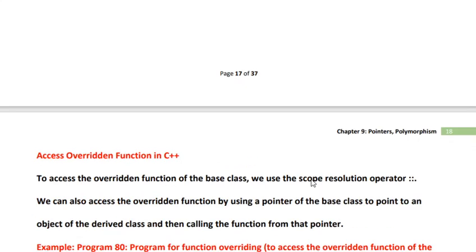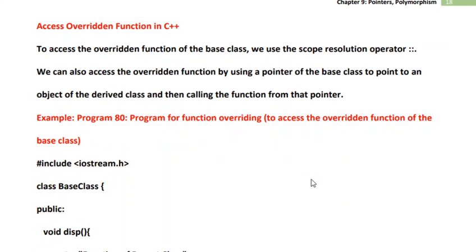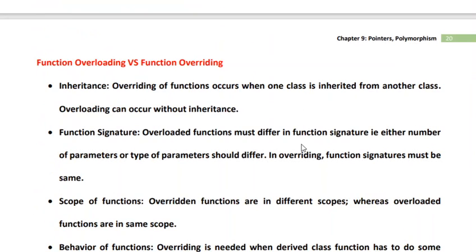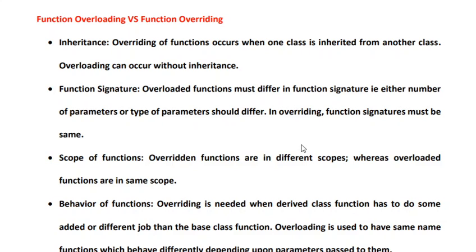Then we looked at accessing overridden functions in C++, a mechanism for accessing the function of the base class using the scope resolution operator, again with an example. And then we discussed the major differences between function overloading and function overriding in context to inheritance, function signature, scope of the function, and behavior of the function.